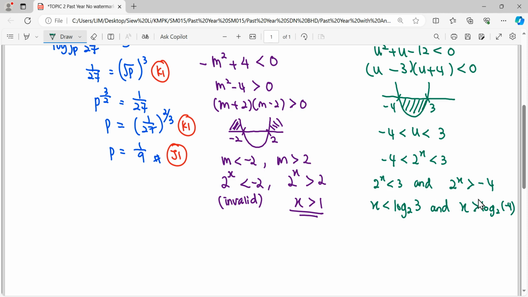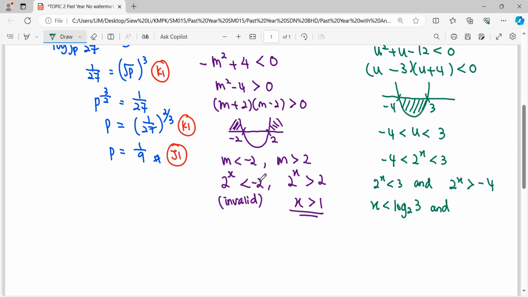So x can be any real number. As you can see, 2 to the power of anything will of course be more than negative 4. Whether you power 0, or positive, or negative, it will get a positive number.